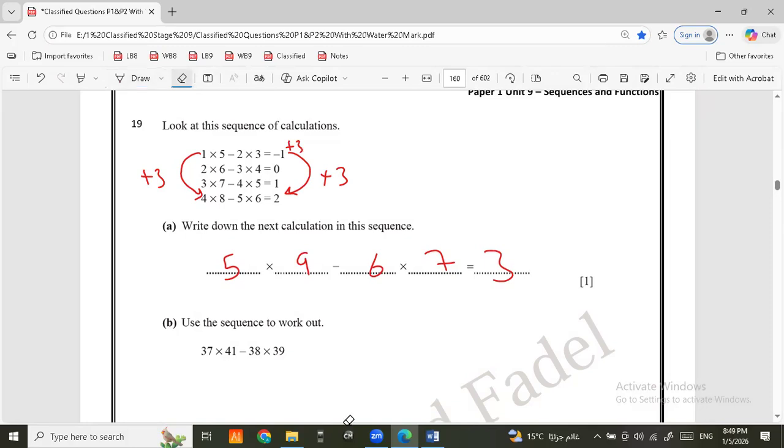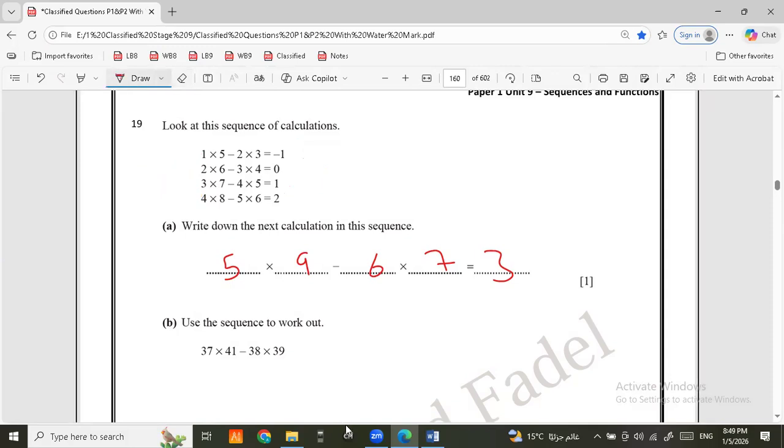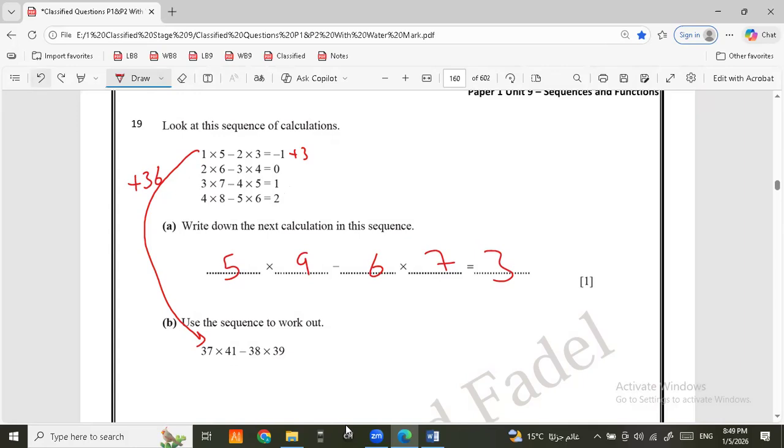So if you want to jump from 1 to 37, you add 36. So just add 36. It will give you the answer. Negative 1 plus 36 is positive 35. That's it. Positive 35.